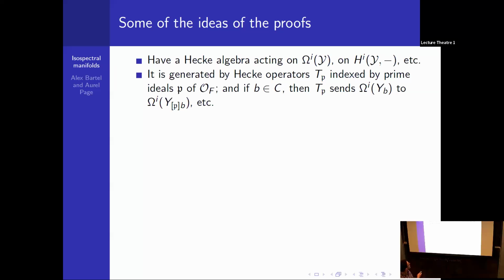So if you take a component corresponding to an ideal class B, and then you take a Hecke operator T_P, that will send that component to the component corresponding to the class of P times B. So in fancier words, the space of differential i-forms is graded by the group C, and so is the Hecke algebra, and this is a graded action.